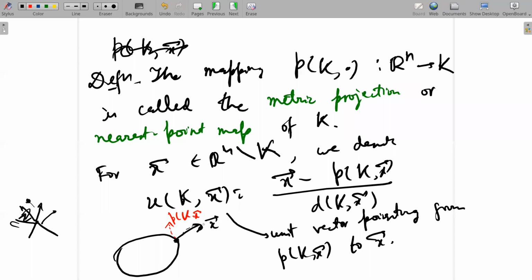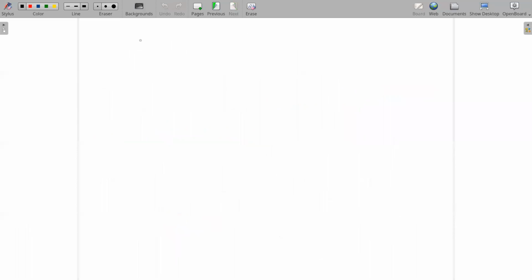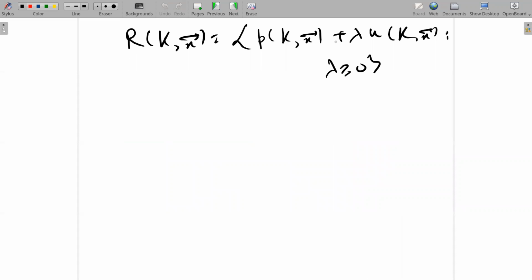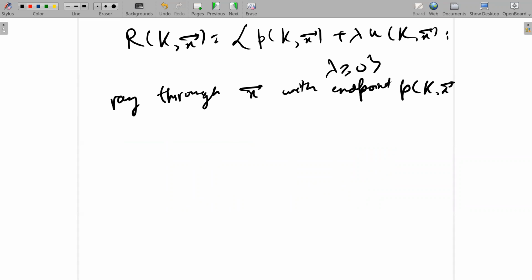Otherwise, you just keep on extending all the way to infinity. So that's the ray through x with endpoint P_K(x).